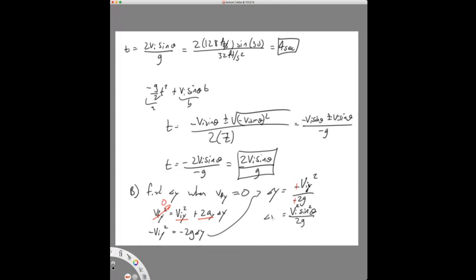So this is my formula for delta y, and in this case it's going to be 128 squared sine squared of 30 over 2 times 32.